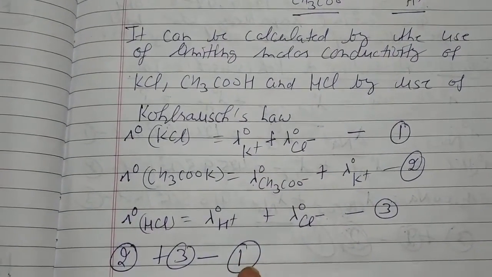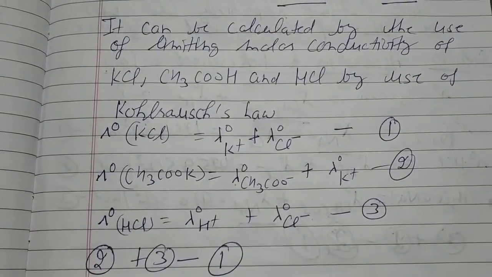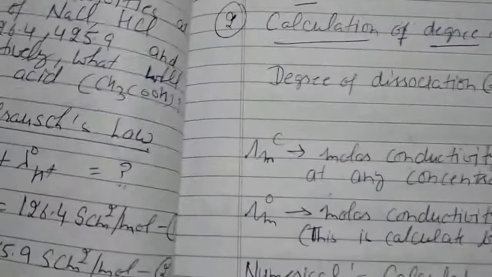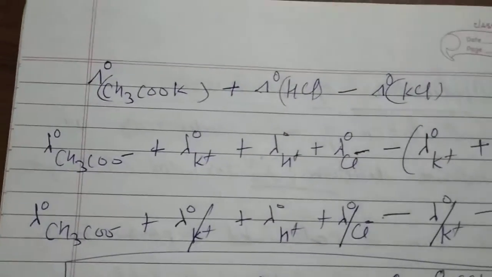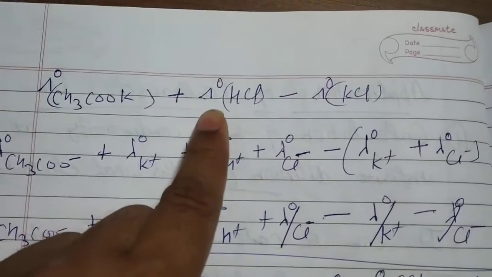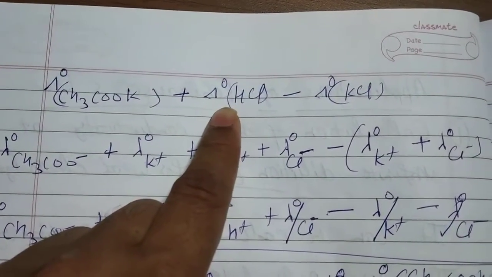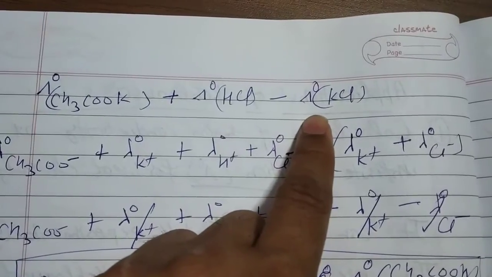So what we don't need, we subtract. So: sum of equation 2 and 3 minus 1. We will calculate the limiting molar conductivity of CH3COOK plus the limiting molar conductivity of HCl minus the limiting molar conductivity of KCl.